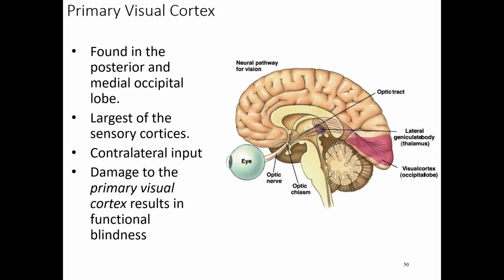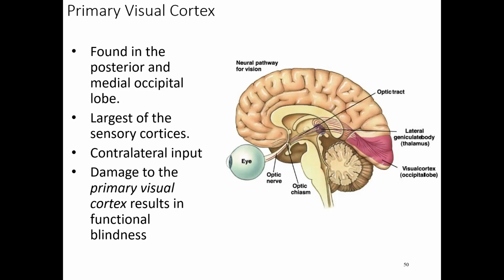Now, if the visual cortex is damaged in any way where it can't receive the signals, then we have functional blindness. The eyeballs may be working just fine. Remember, they're just receptors. The eyeballs may be working just fine, but the signal can't be processed when it gets to the visual cortex because the visual cortex is damaged.